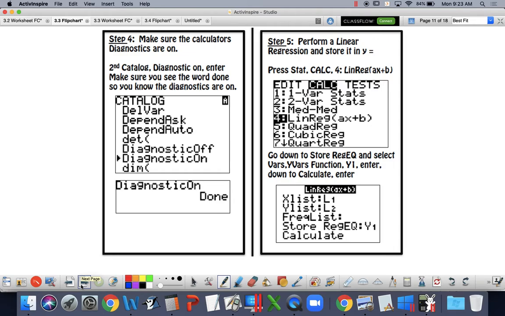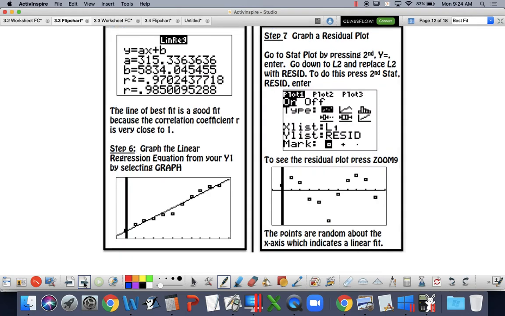We are going to have to turn diagnostics on. We want to calculate some fancy things using these calculators. By default, they are not set to calculate those fancy things, so we will have to do it together. And then we will be doing the linear regression. Those are the only 4 steps you need, and I will give you instructions on how to do this on your test. Let's use the example from our notes.